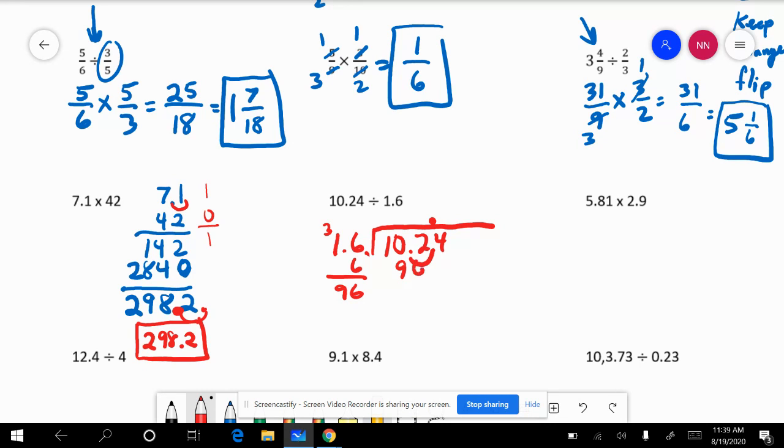So I have 96. 102 minus 96 is 6. I'll bring down the 4. 16 goes into 64 4 times. So that means my answer is 6.4.